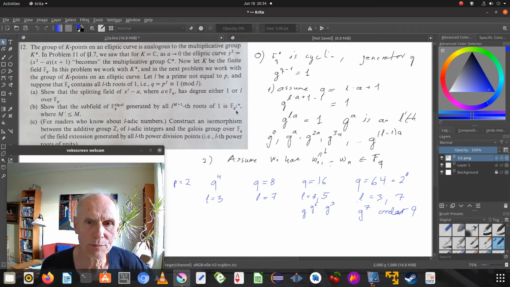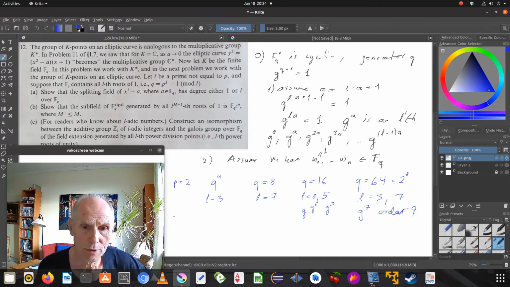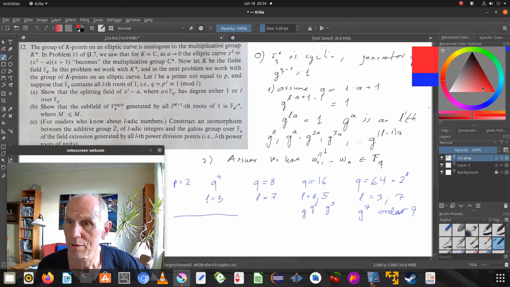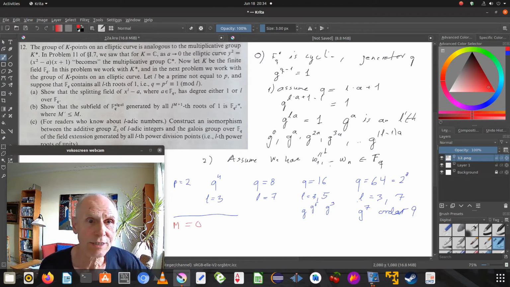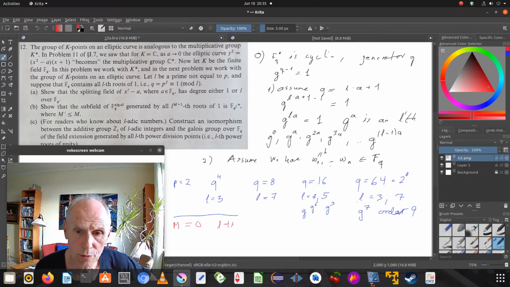If we set L to the m to naught, it says that L roots, Lth roots of unity, span FQ itself.